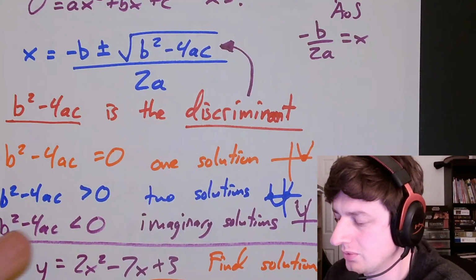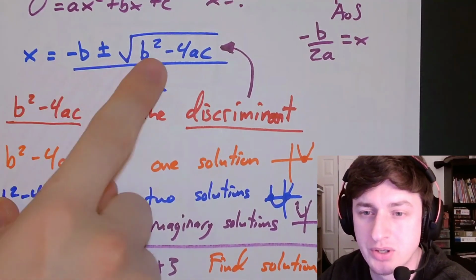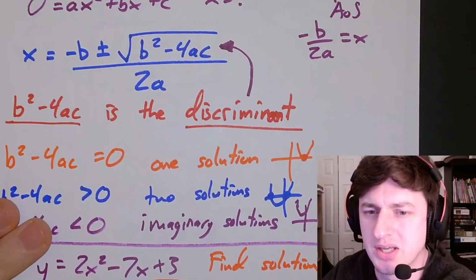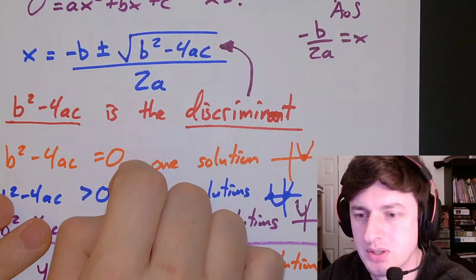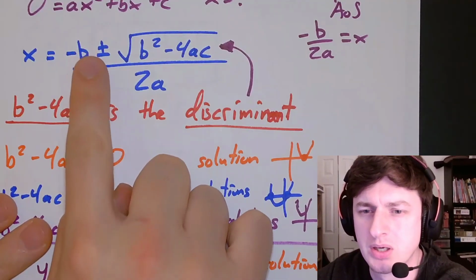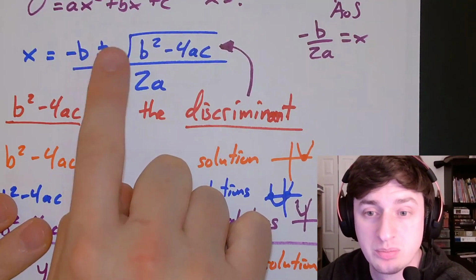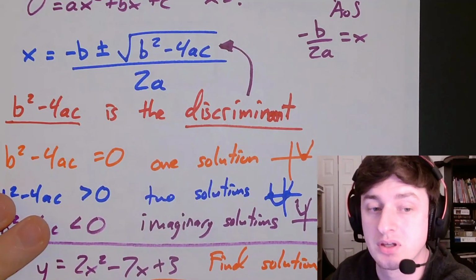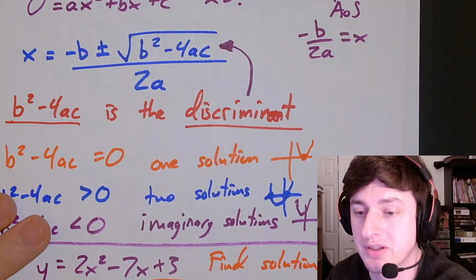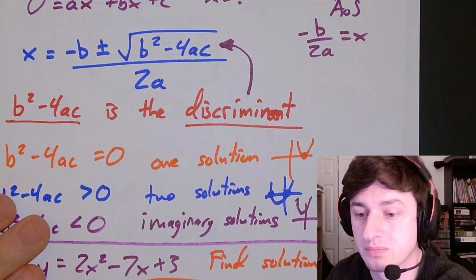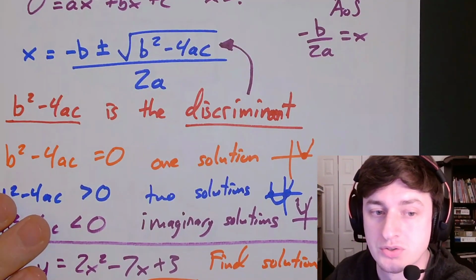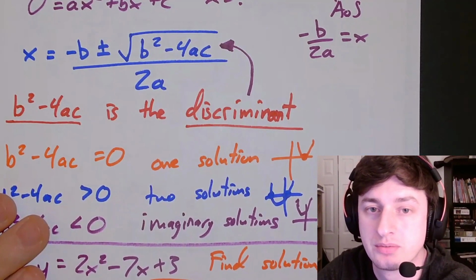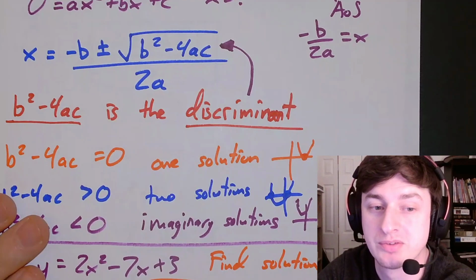And the quadratic formula is x is some number, where that number uses a, b, and c from standard form to do negative b plus or minus the square root of b squared minus 4ac, everything divided by 2a. And when you simplify that, you find out where the roots are. Okay? So that's the basics of the quadratic formula, and now you probably have something to do with it.